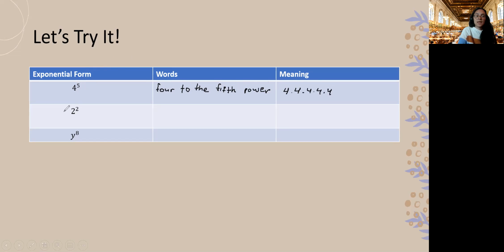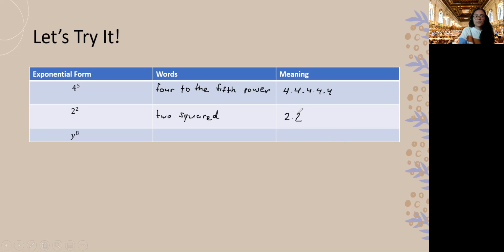Our second problem is going to be 2 squared. So we're going to write 2 squared, or 2 to the 2nd power. What does this mean? 2 times 2. And now finally we have y to the 8th.